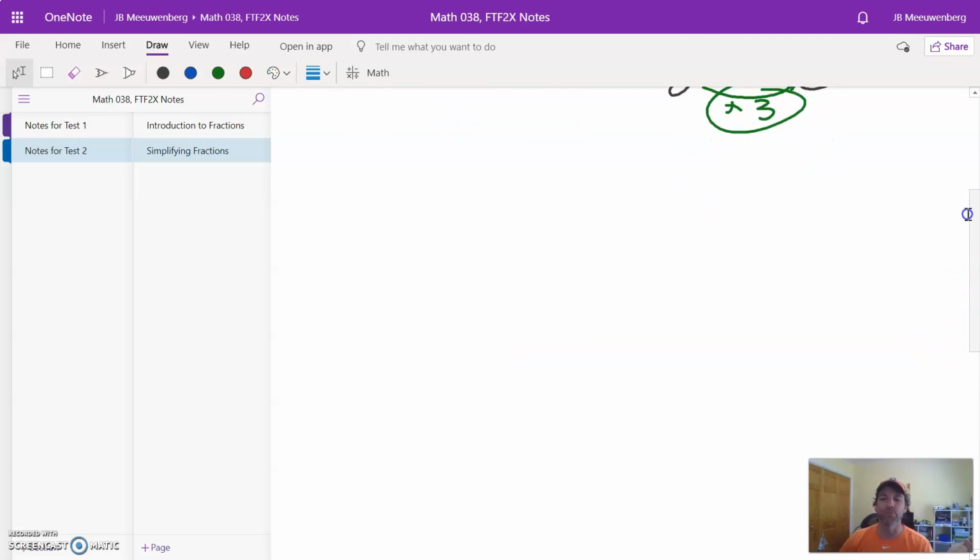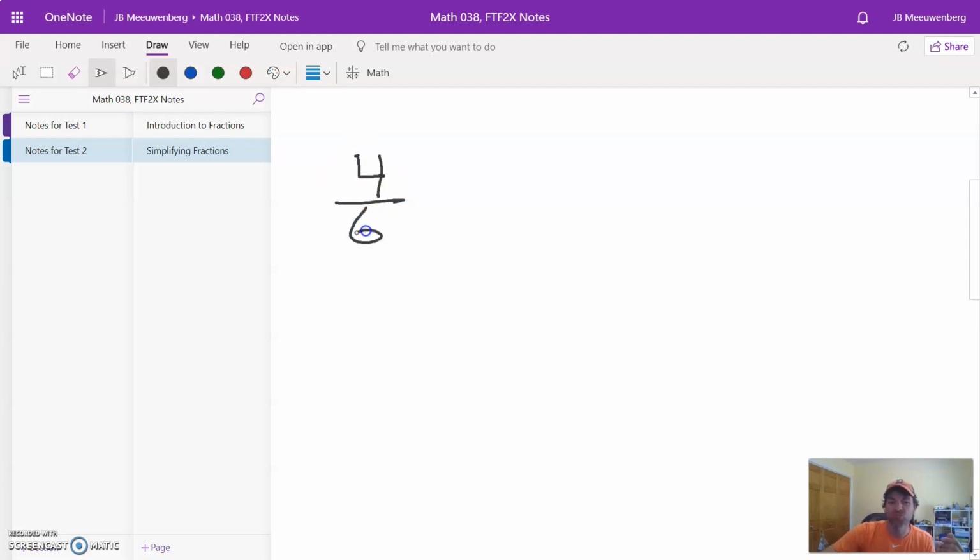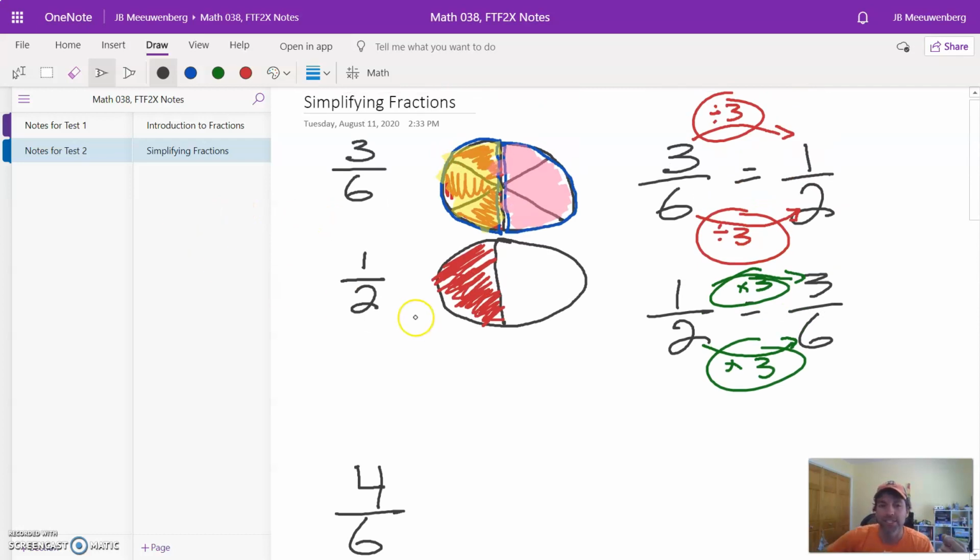So I'm going to give you a fraction that needs to be simplified. And the reason I say the word simplify instead of the word reduce is because reduce makes it sound like it's getting smaller. But did 3/6 get any smaller when we changed it to 1/2? No. It was just written with smaller numbers.